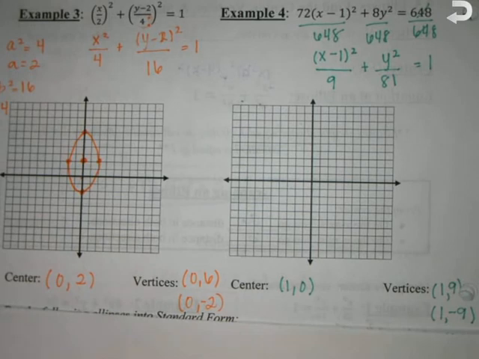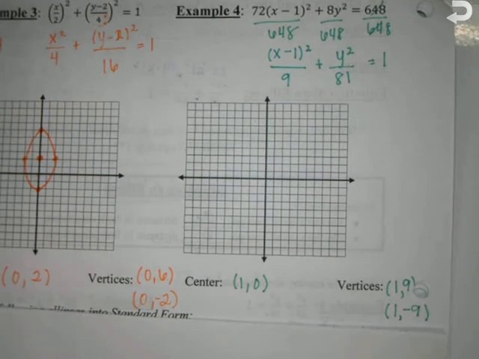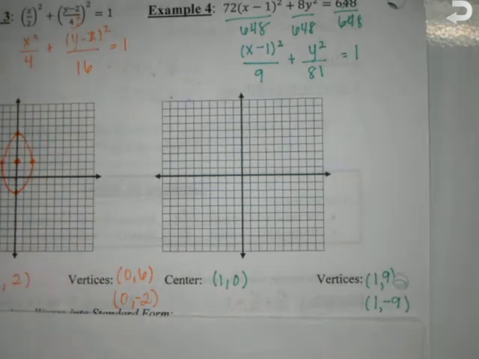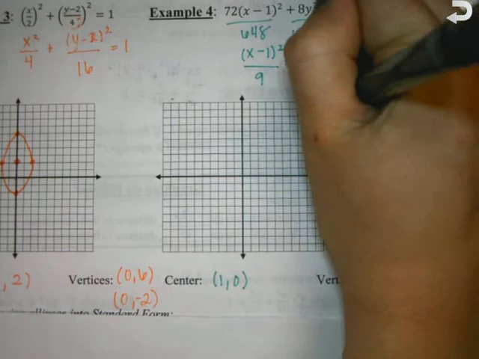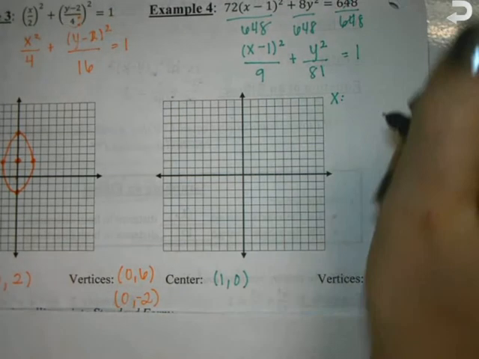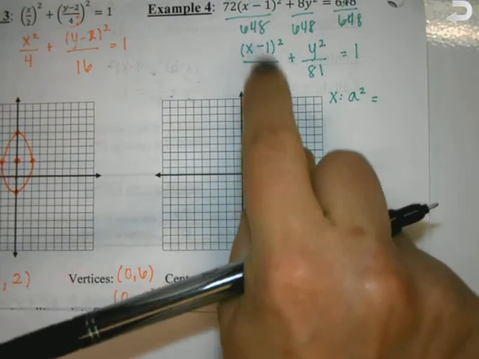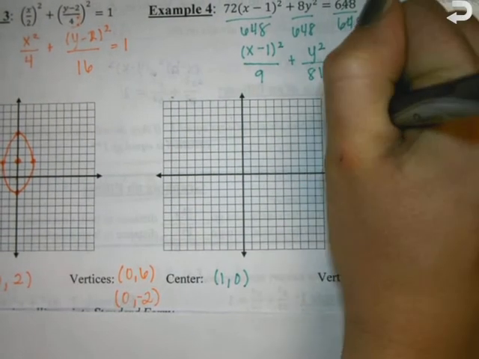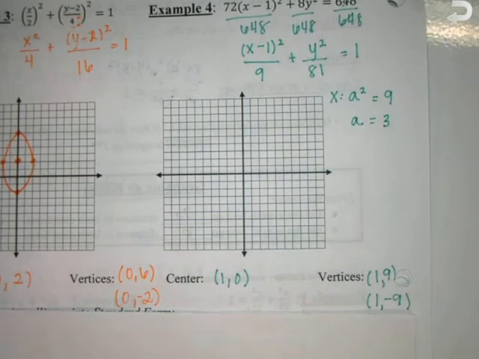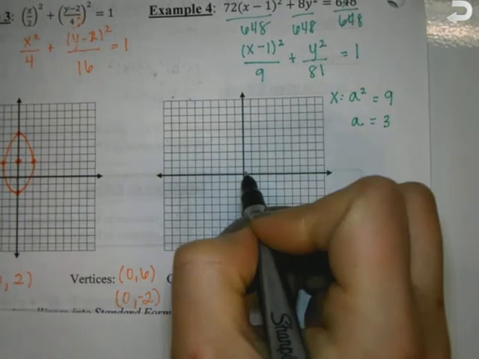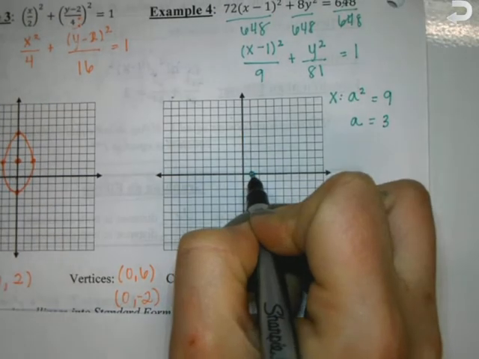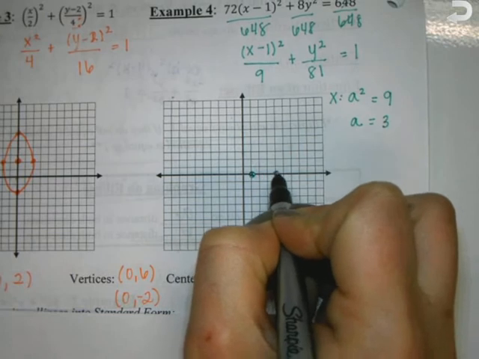Okay, so let's graph this. To find my x's, I'm going to take a squared, which is equal to 9. So a is equal to 3. So from my center 1, 0, which is right here, I'm going to go right 1, 2, 3, left 1, 2, 3. To find how many I count on the y's, I take my b squared, which is 81.